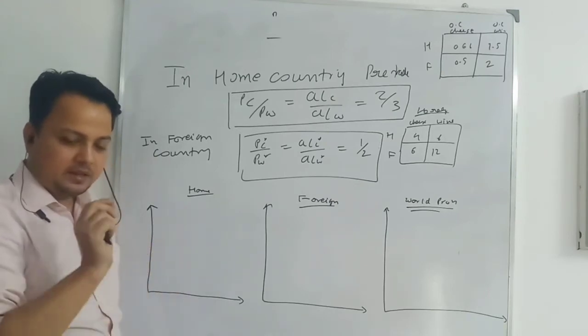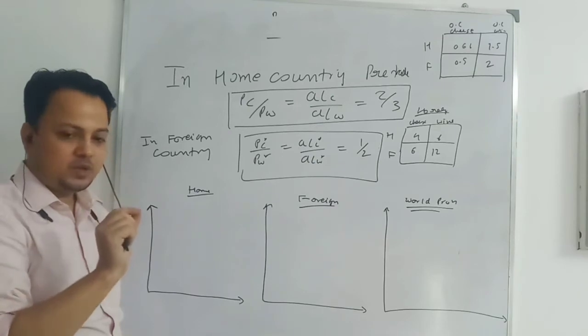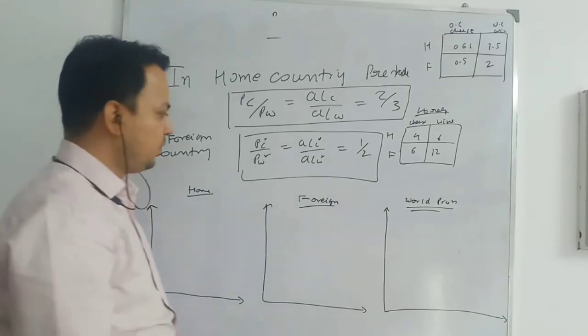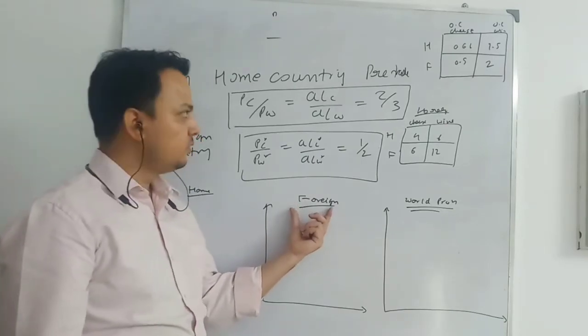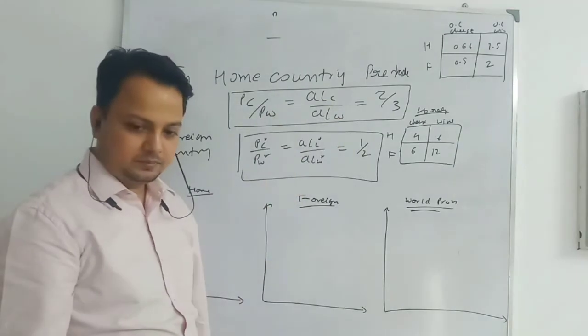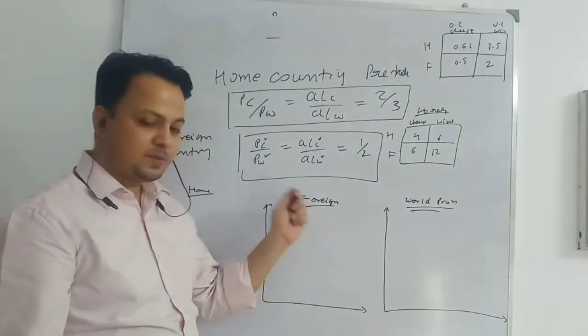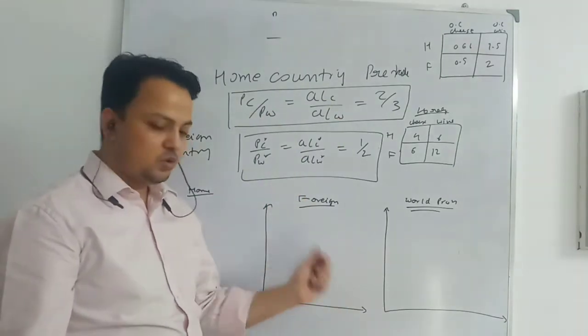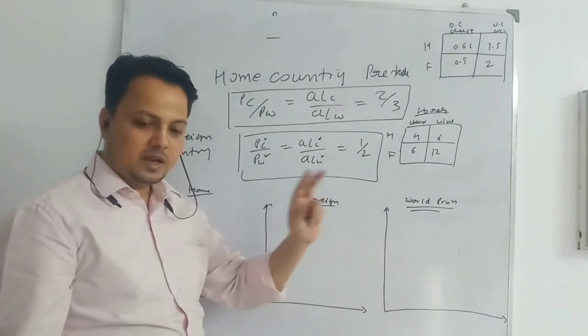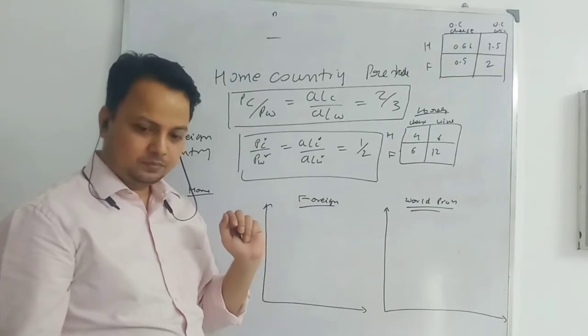And these 400 units of wine it can produce at a comparatively lower cost. Similarly, the foreign country has a comparative advantage in the production of cheese. If the foreign country specializes in the production of cheese and produces 700 units of cheese, it can produce these 700 units at a comparatively lower cost.